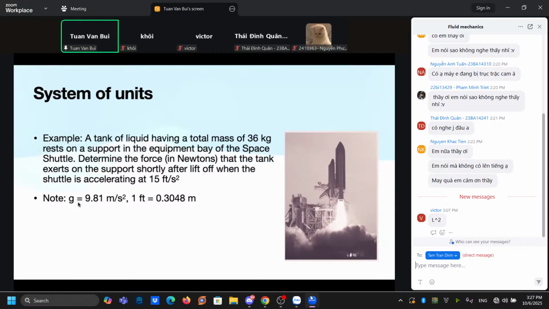Note that we have g equal 9.81 meter per second square and 1 feet equal 0.3048 meter. So please try to do this. I give 2 minutes to do this exercise.